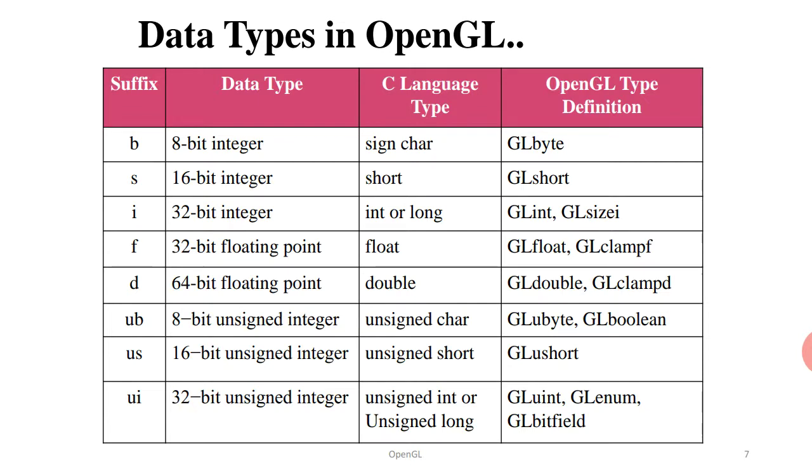Similarly, for the int data type in C, the suffix used in OpenGL is i. It is used for 32-bit integer and in OpenGL the data type is GLint. Like this, the data types are defined in OpenGL for C language types.